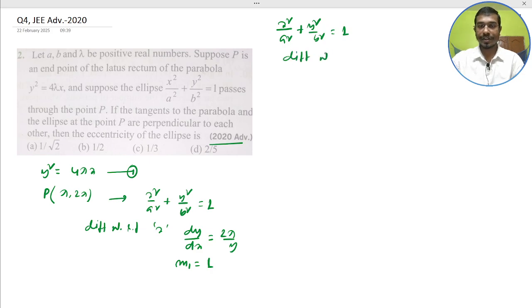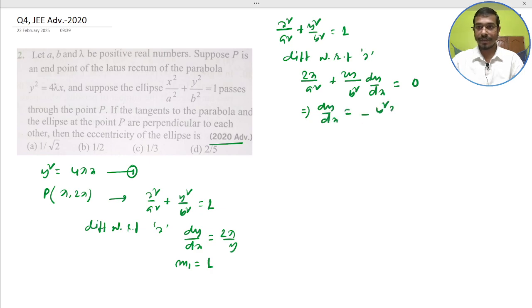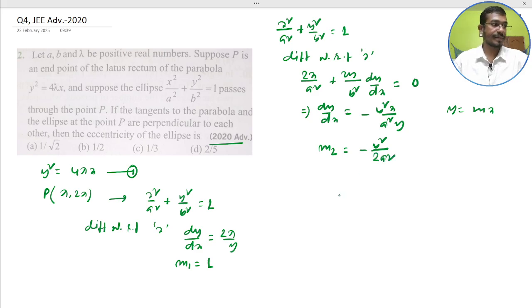Differentiating with respect to x, we get 2x by a square plus 2y by b square dy/dx equal to 0, so you would get the dy/dx value. This is nothing but b square x divided by a square y. So slope of the tangent, this is m2, this is given as minus b square by 2a square.